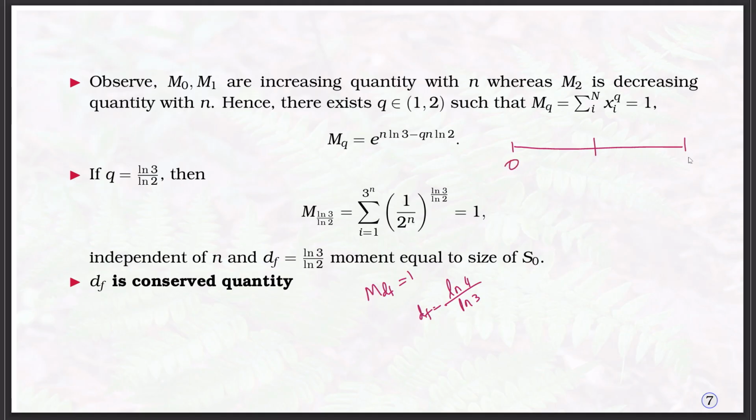For example, you can take 0, 1, divide it into 0, 1 by 2 and 1 by 2, 1, take the union, and we get the closed interval 0, 1.